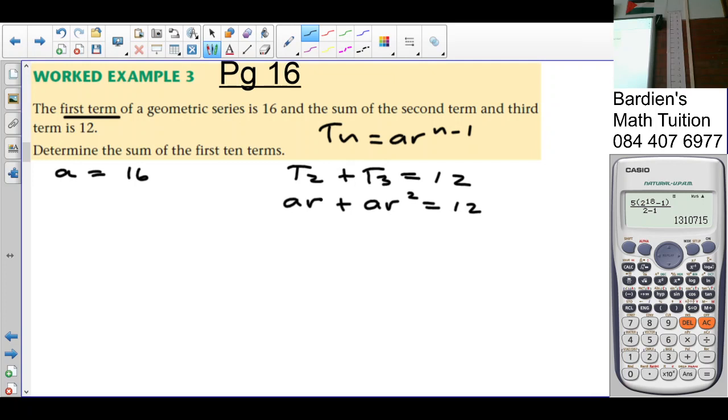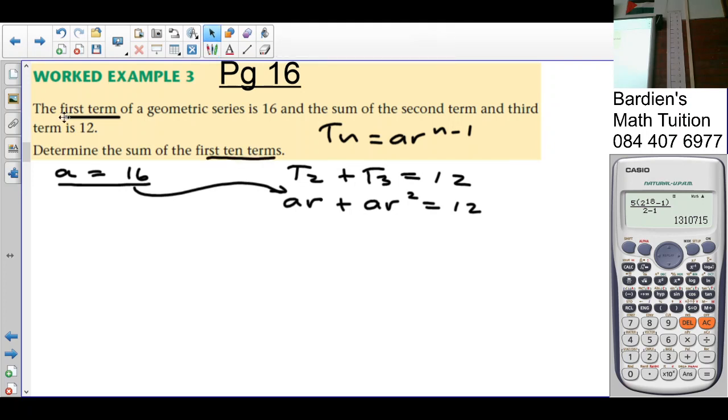But what is A? 16. So in other words, we can substitute A into that and we can calculate R. Not so? Once you have R, it might be that R is two values. Why? Because that's quadratic. Alright? Once you have R, you then determine the sum of the first 10 terms.